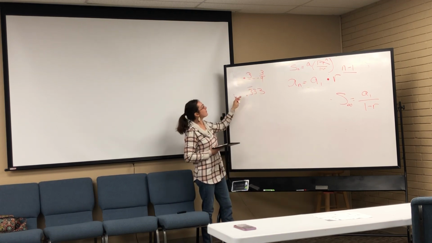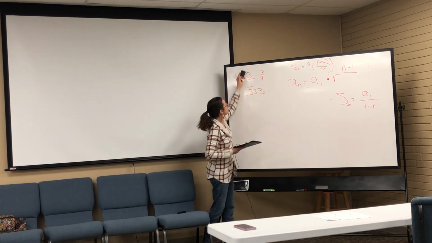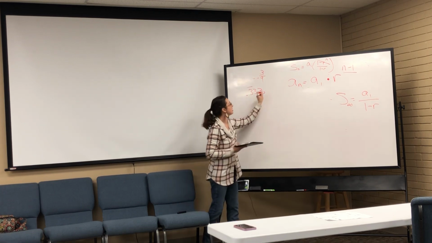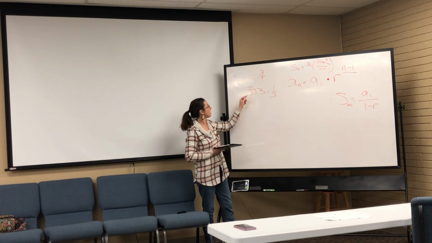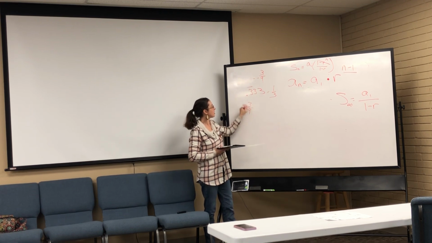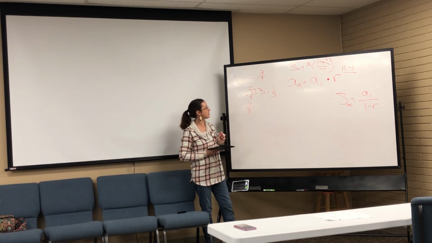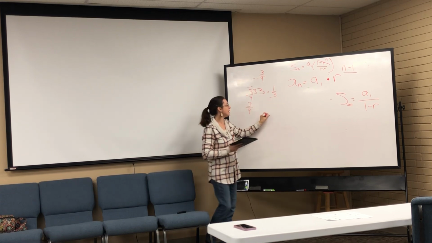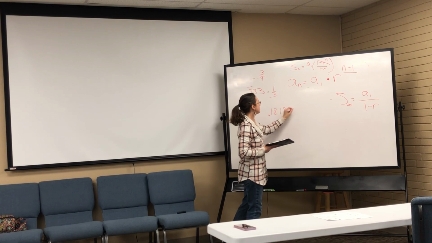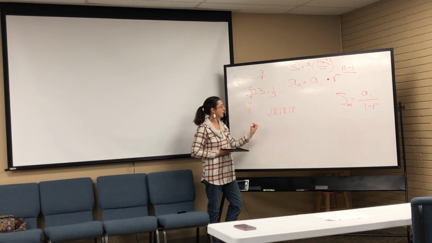Okay, so if I have 0.333333, we say that this is 1/3, correct? I could also say it's 3/9, 3 in the 9's place, which simplifies to 1/3. So all repeating decimals, if I had this, what part's repeating?